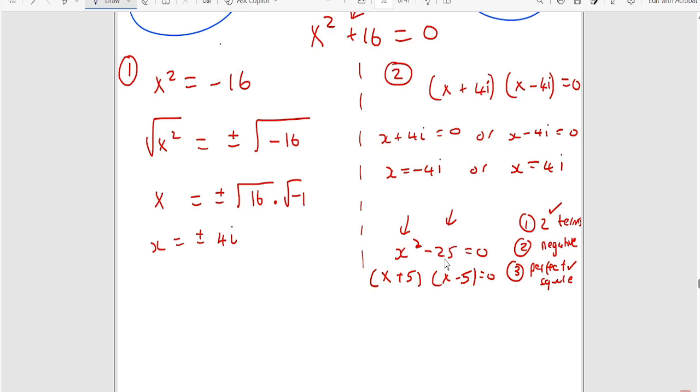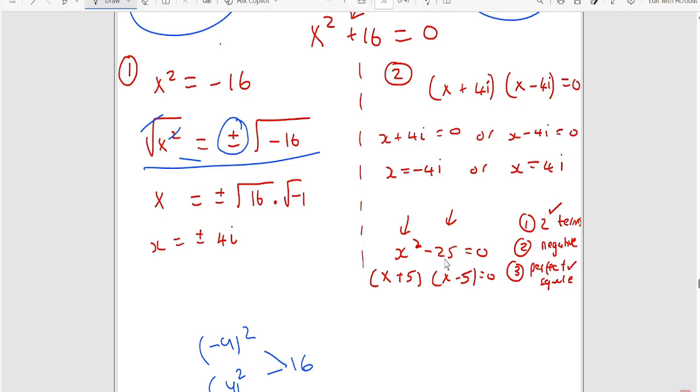If I square root both sides, on this side I will get plus minus both, because if I square negative 4 or positive 4, in both cases I get 16. That's why we write plus and minus both. Now this square root and this square cancel out, so this is what I get.